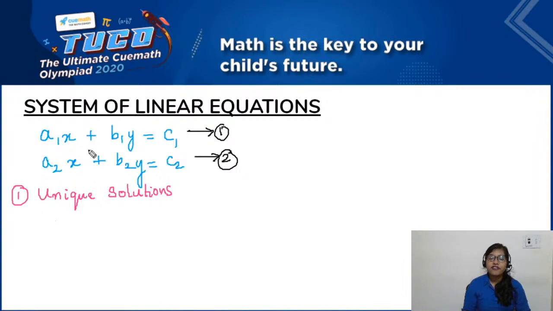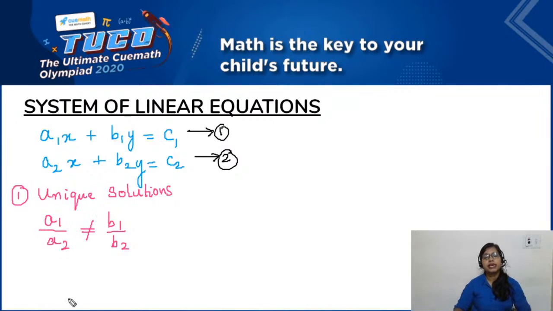So how do you verify if the system of linear equations have unique solution or not? You can always calculate the ratio a1 over a2, b1 over b2, and if these are not equal, then you could say that it's a system of unique solution wherein the two graphs would only meet at one common point, which is the unique solution to them. This is the first case.